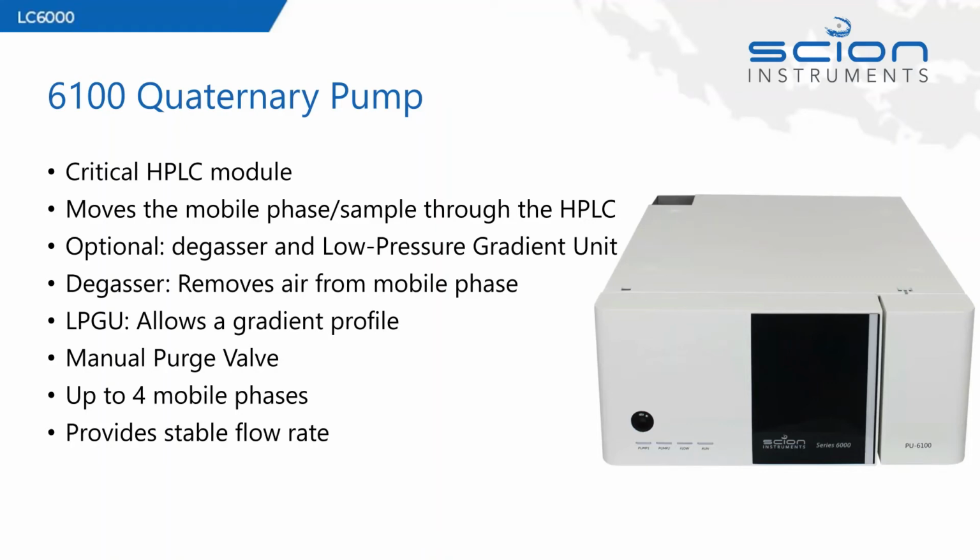And once the purging is done, we can then start running the next method. We can deliver up to 4 mobile phases, and on the degasser there are also 2 lines for your autosampler wash. So we can have an inbuilt autosampler wash to ensure that we are keeping contamination out of the system.